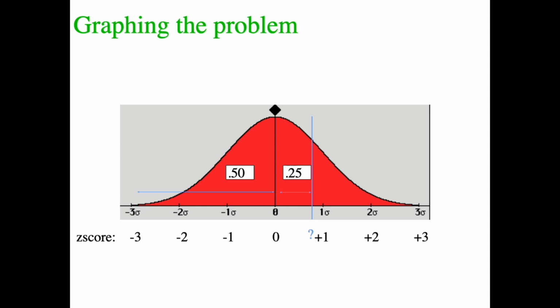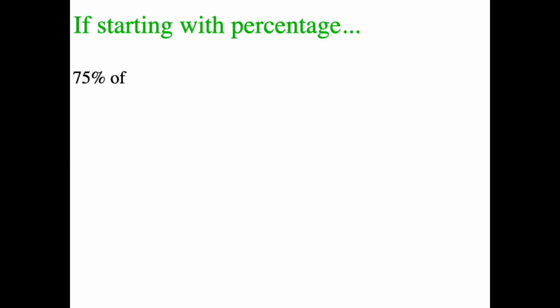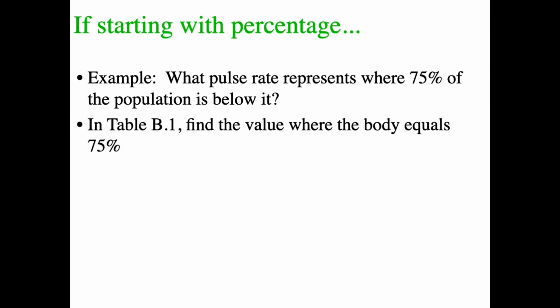But in order to find that, I'm going to look on my table in A.1 where the percent mean to the z is close to 0.25. I want to find the value that's 25%. And if I do that, I find this place where that is, and that's actually a z-score of 0.68. So the closest value that you can see when you look at table A1 to 25% is 0.68, which is actually where 25.17% is.